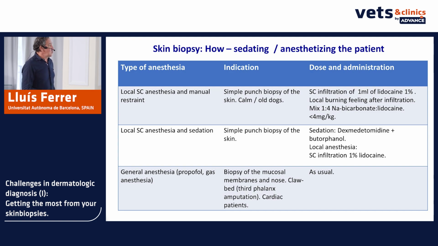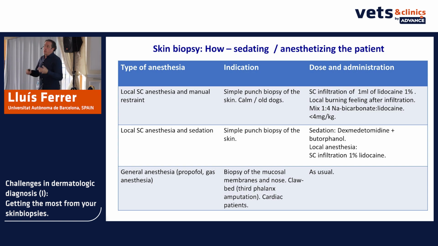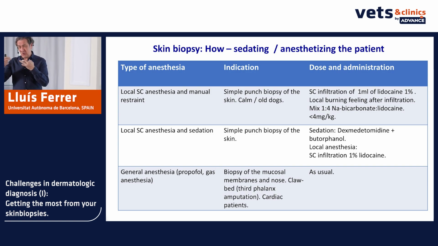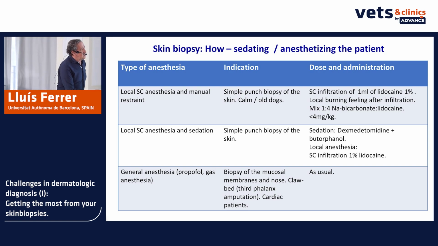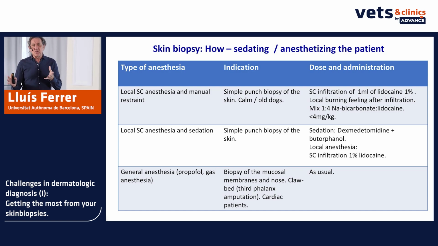For instance, when you are taking a biopsy of mucosal membranes that can bleed a lot and you need more time and better hemostasis or electrocoagulation, or if you are going to take a nail biopsy, we use general anesthesia to get better pain control. Also in some cardiac patients, where you know that dexmedetomidine is contraindicated. So in some situations, we'll go for general anesthesia. But in 90% of the cases, local anesthesia and sedation.